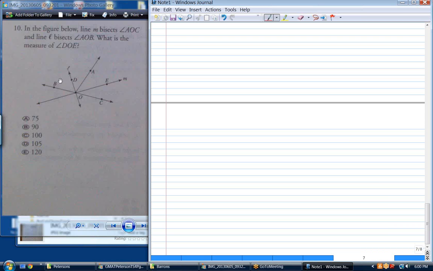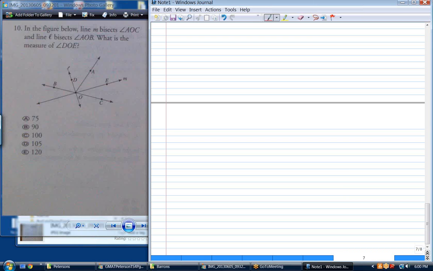What is the measure of DOE? So this thing right here. Well, you need to calculate the two angles and put them together. A couple ways to do this problem.